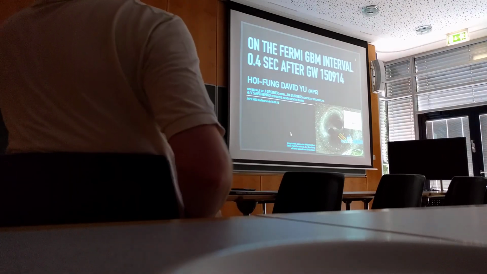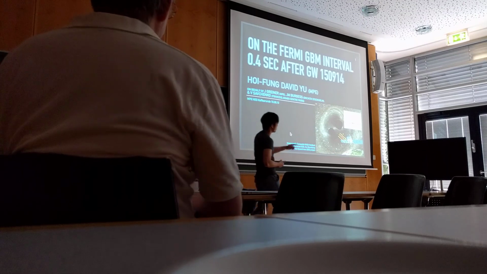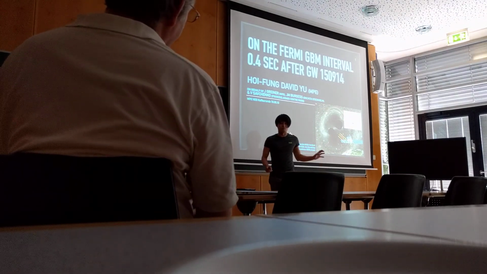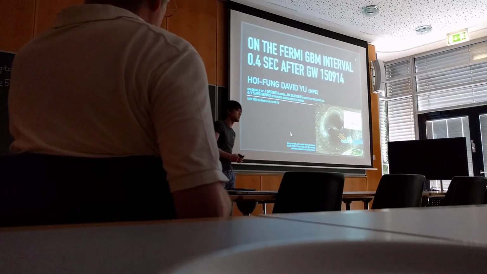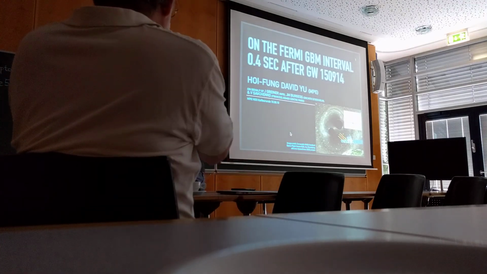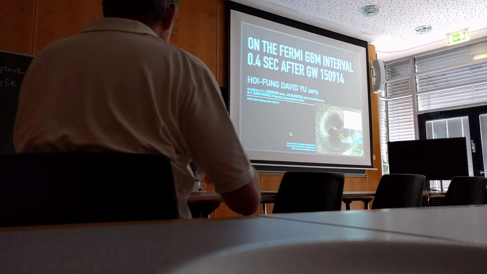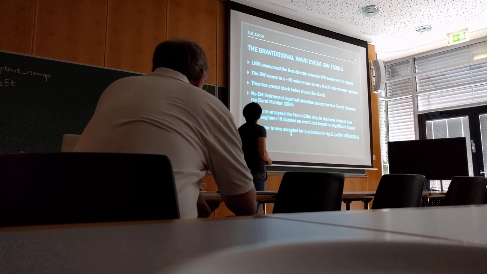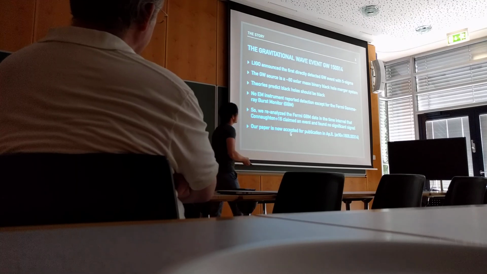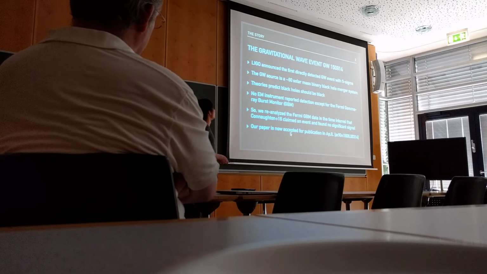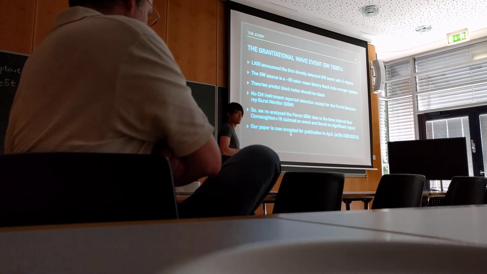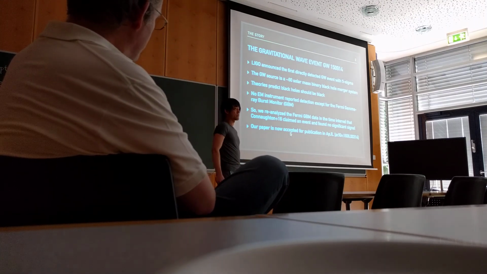So we have a look into the data of the Fermi GBM light curve, and we want to argue that it is less possible to be an astrophysical event. So this is the story. Most of you have already heard about it. The gravitational wave event GW150914, first announced by LIGO, is the first direct detection of a GW event, with a 5 sigma significance.